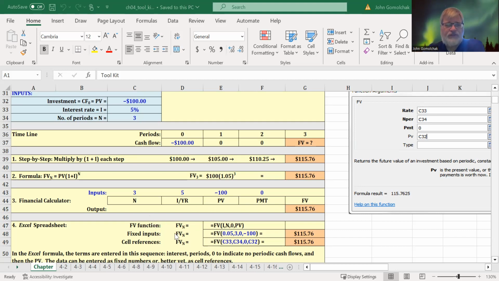Now, the function itself, the future value function, which they'll designate as FV sub n, will be equal to the future value using interest, number of periods, 0 stands for type, and the present value. Okay, so what I'm going to do is bring up an Excel spreadsheet that I was using when I was preparing for this particular lecture. Give me a second to bring that up.